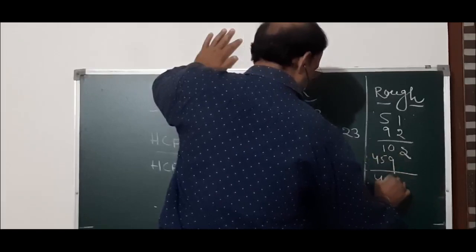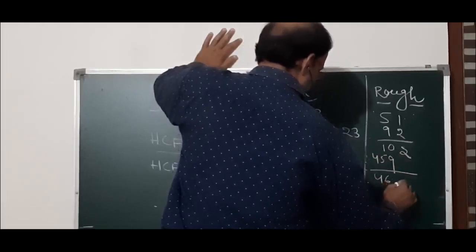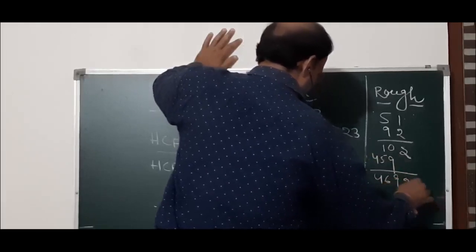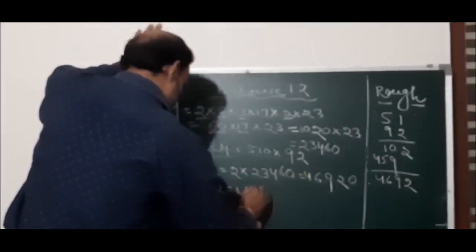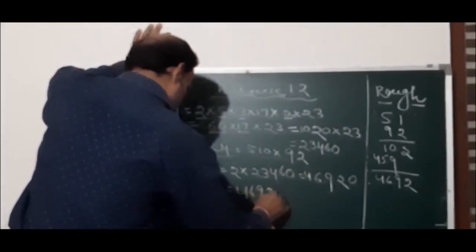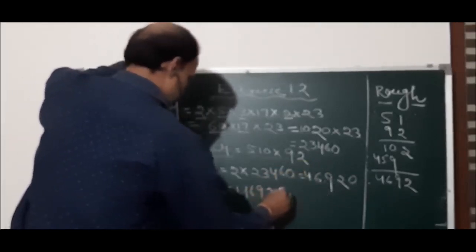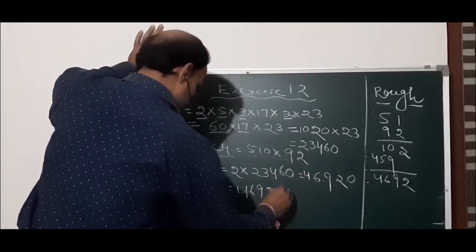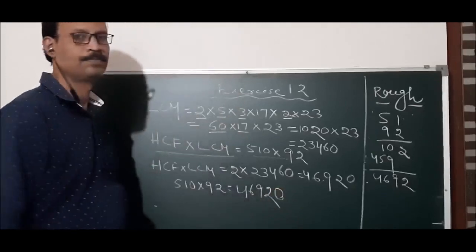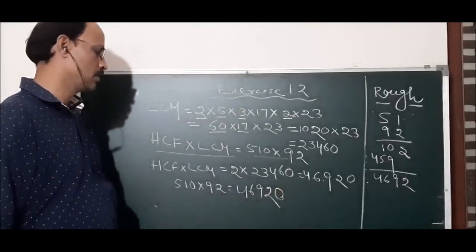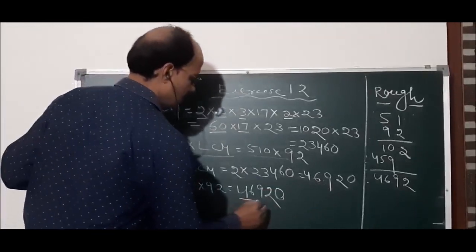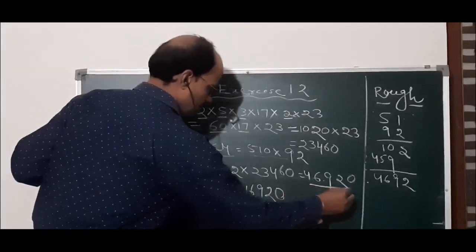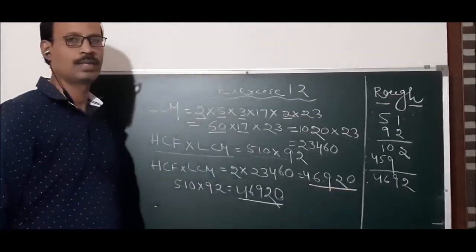So it is 4, 6, 9, 2. Then 1 0 here. It is 46,920. So I think both the numbers are equal. 46,920 and here also 46,920.